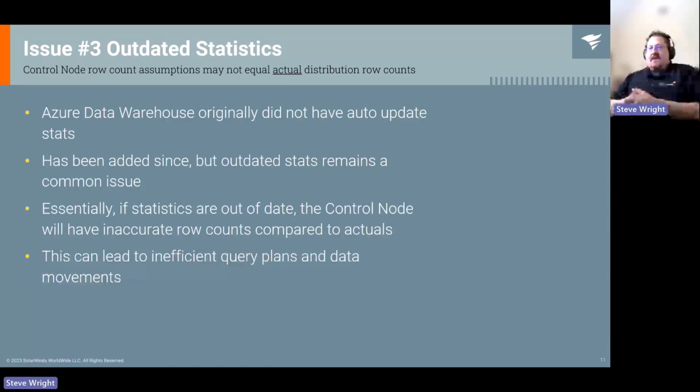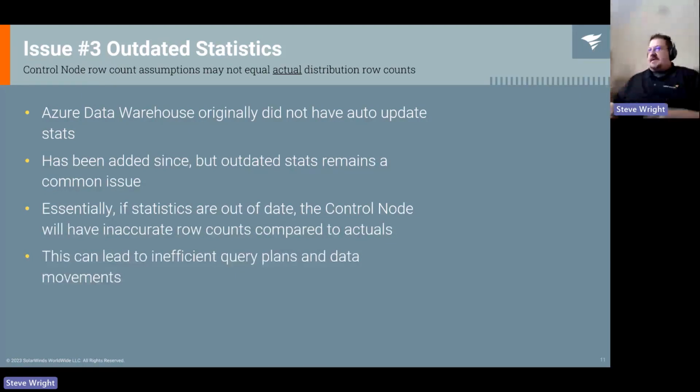So when that request comes in, based on what it knows, it's going to put together the query plan as to how best to return that data, ideally minimizing data movement. But if your statistics are out of date, what the control node thinks it knows may actually be different than the actual distribution row counts that the compute nodes have, which can lead to an inefficient query plan put together by the control node. And again, you've got excess data movement.